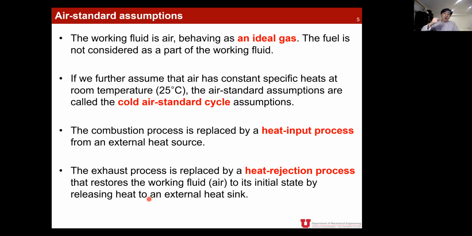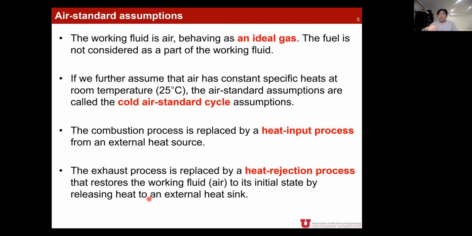But now we can have one more addition in terms of simplification. Not only is your air an ideal gas, we also assume that this air has constant specific heats at room temperature. If we have this additional assumption on top of the air standard assumption, then we specifically call that the cold air standard assumption, or cold air standard cycle assumptions.